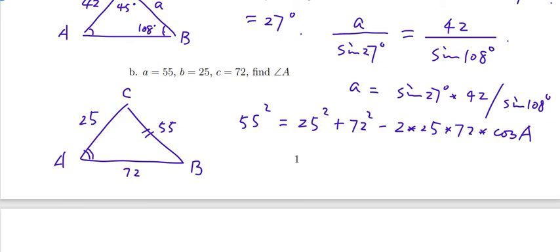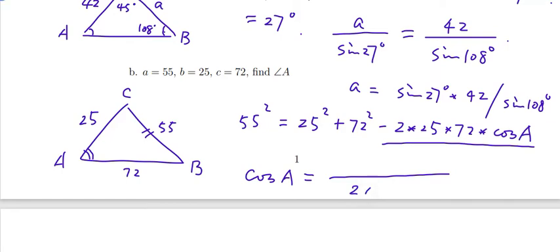We regard this equation, move this to this side and the constant to the other side, then divide by the coefficient. So cosine A equals: the coefficient is 2 times 25 times 72, right?